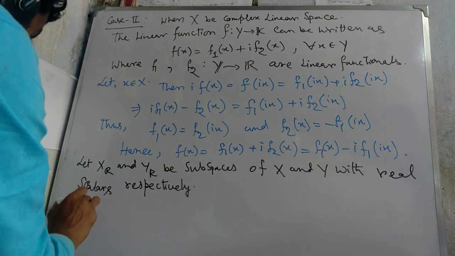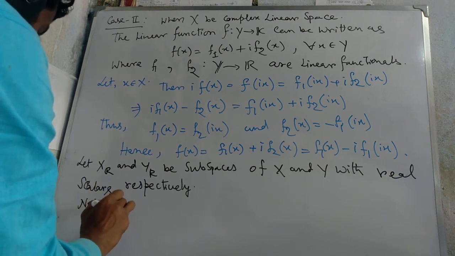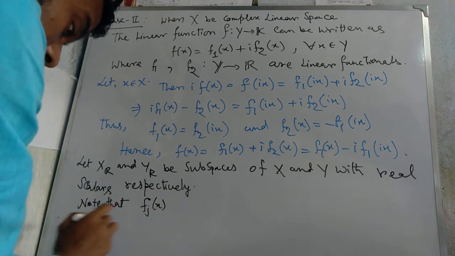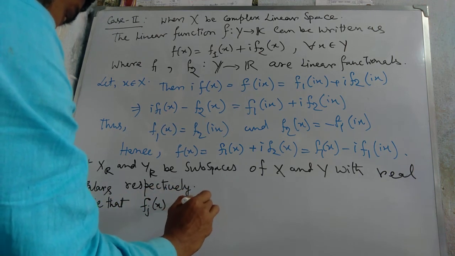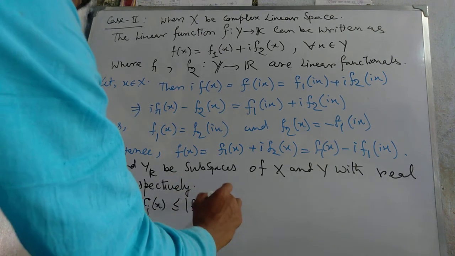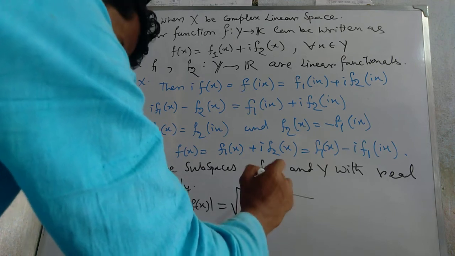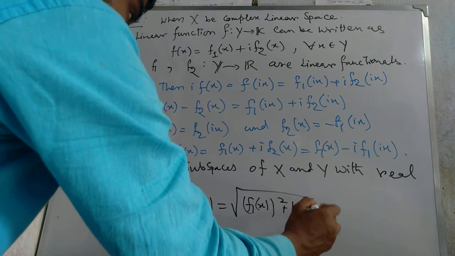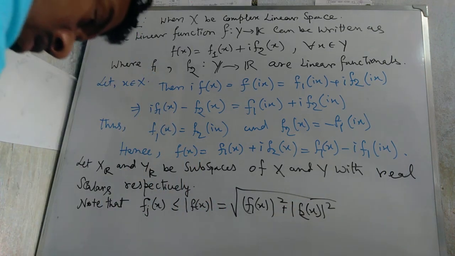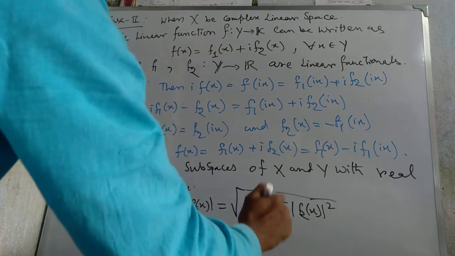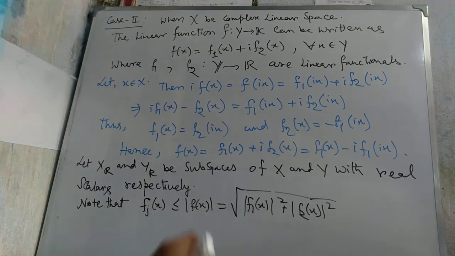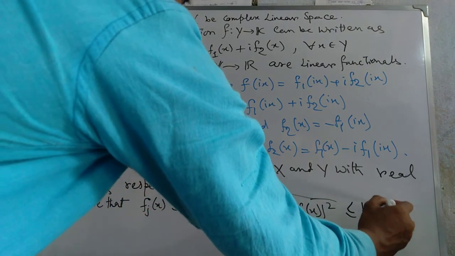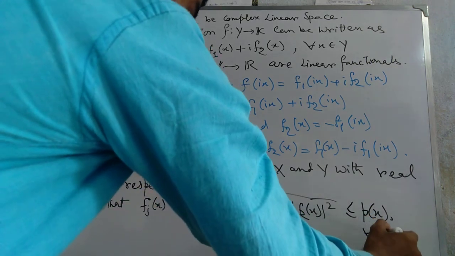Now note that |f(x)| = sqrt(f1(x)^2 + f2(x)^2), the norm of this, is less than or equal to p(x) for all x belonging to Y.